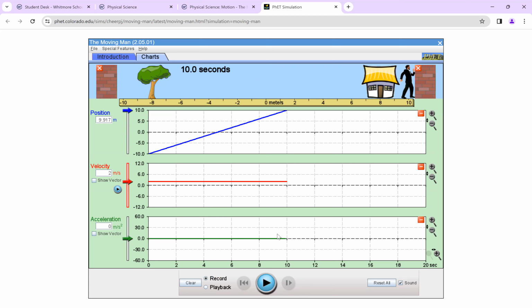Okay. So he's at the wall. What do you notice about the velocity here? It's a straight line. It's the same. In its position, he's covering the same amount of ground each time.